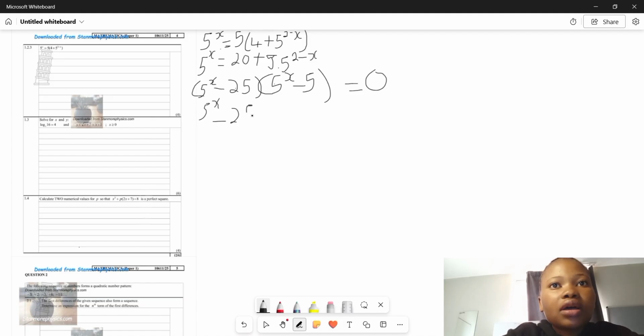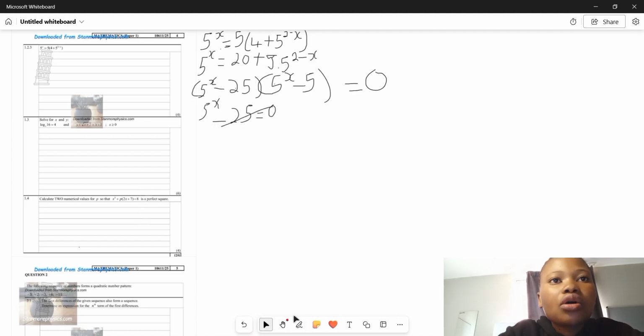5^x minus 25 is equal to 0. Now because we have this, we'll try by all means to make it have the same basis. Minus 25 is equal to 0, or 5^x is equal to 0.